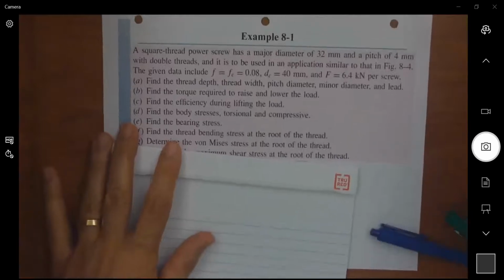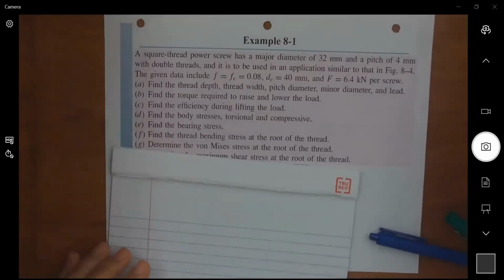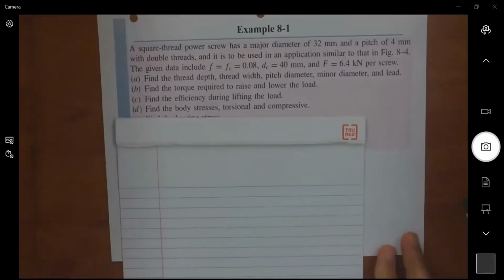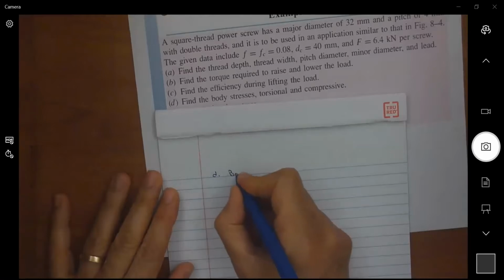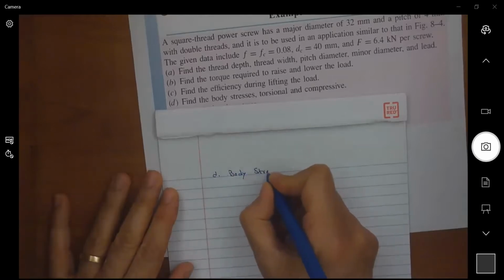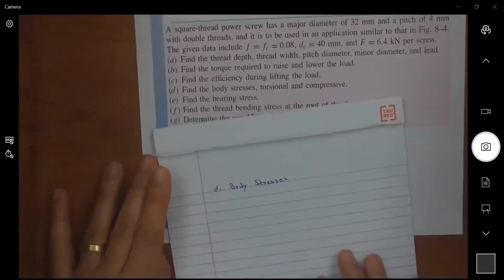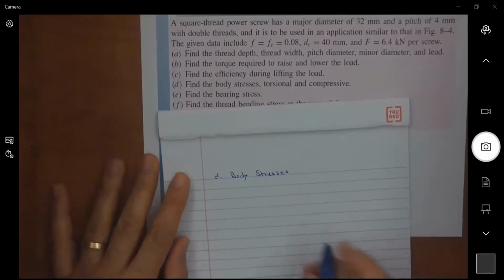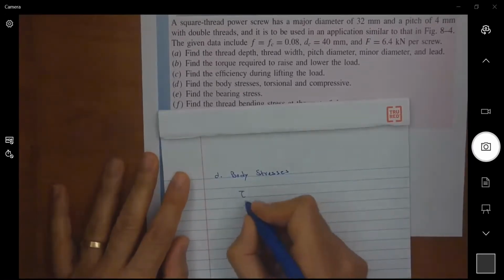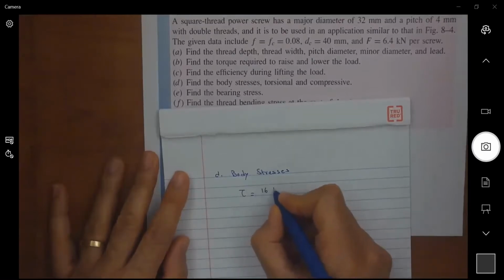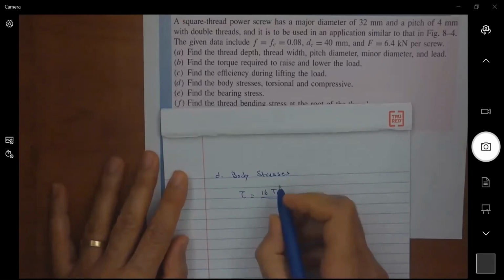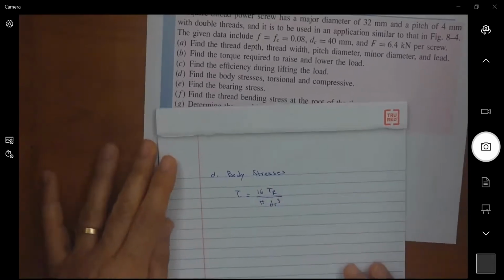Next, part D, we want to find the body stresses, torsional and compressive. So for D, we're looking at body stresses. So we get the tau from the torque, and this will be equal to 16 TR divided by pi dr cubed.